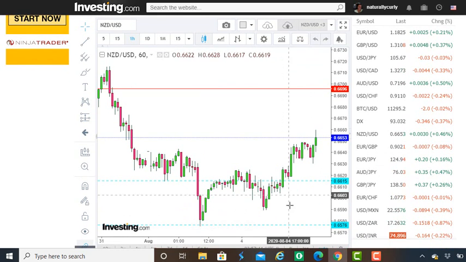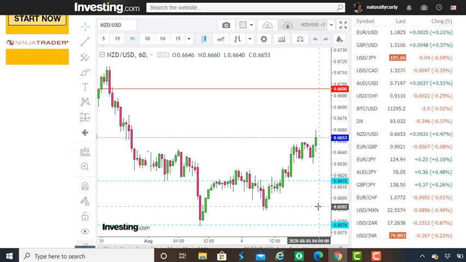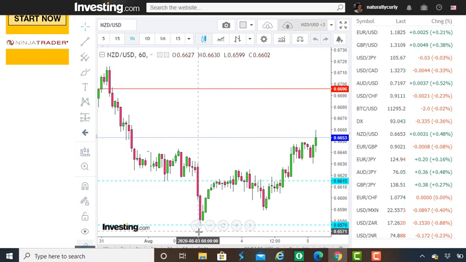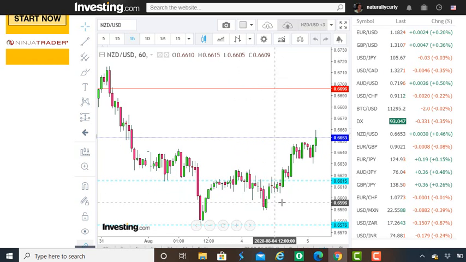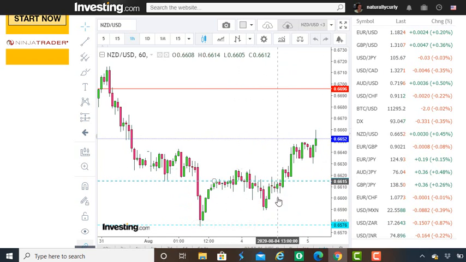So this was the area that I told you guys to look out for, from 0.6615 to 0.6576, and as you can see, it went a little bit lower, like I said, to 0.6574. But if you would have put a pending order anywhere in this area, you are doing fairly good right now, right?